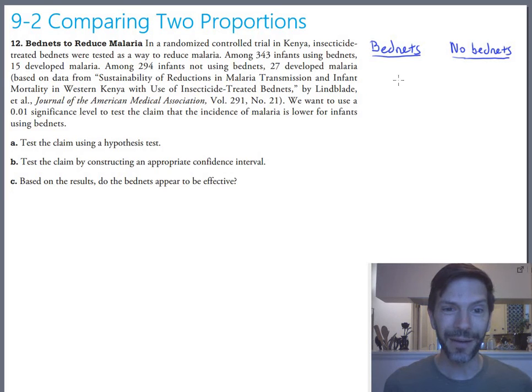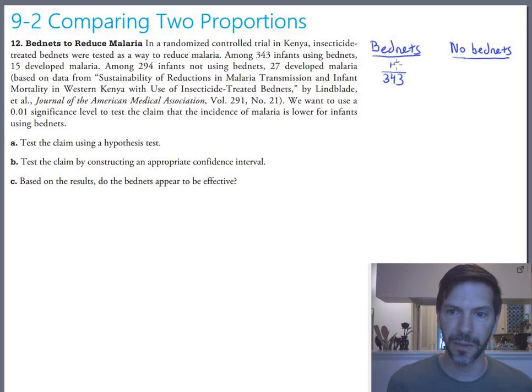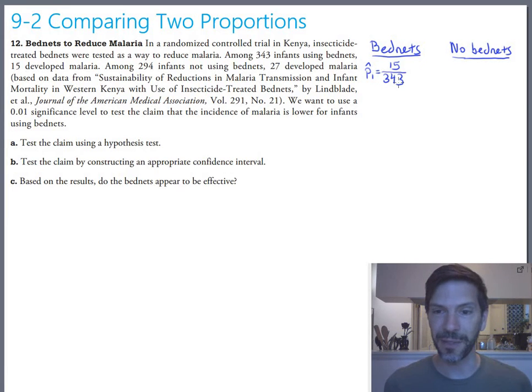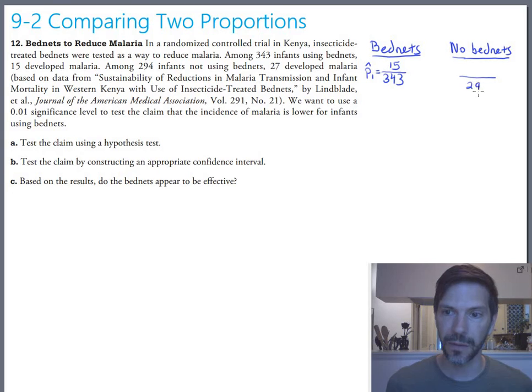Okay, for the bed net group, 343 infants and 15 got malaria. And we'll call that proportion 1, since they mentioned that first. For the no bed nets, it was 294. And 27 got malaria.